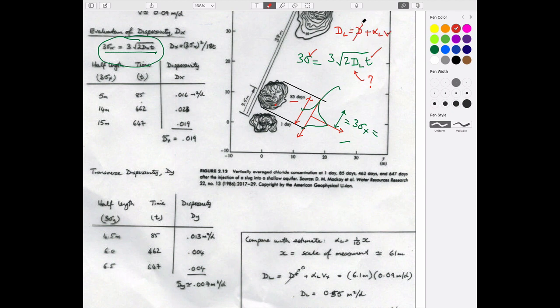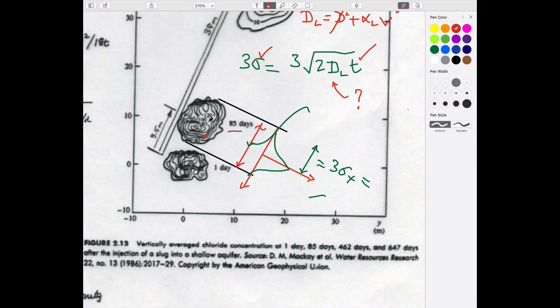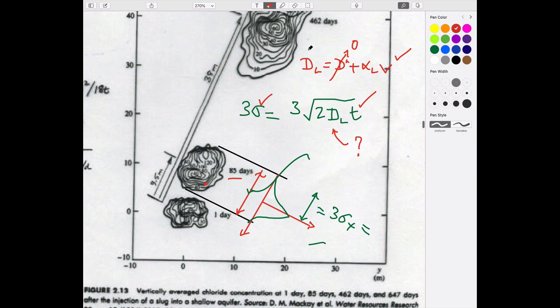We're going to assume that this Brownian motion part is 0. We know how long it's taken to go 9.5 meters, and the one thing we can get from this is the dispersion coefficient.